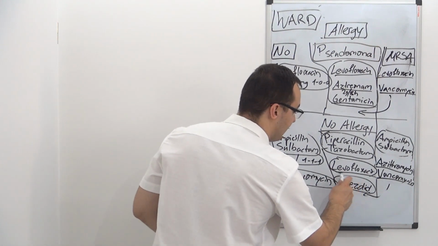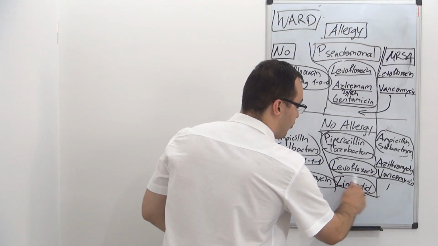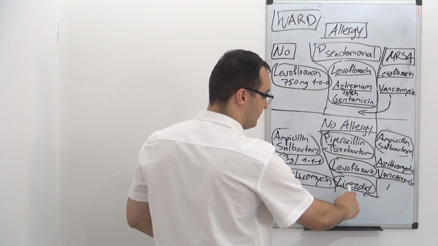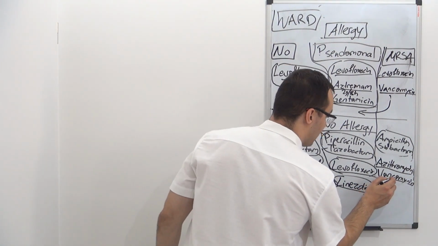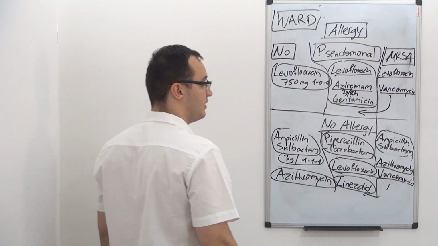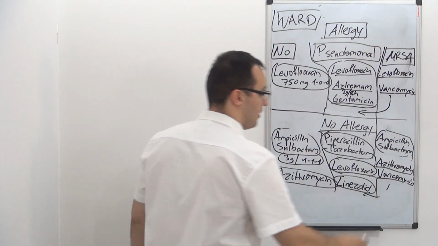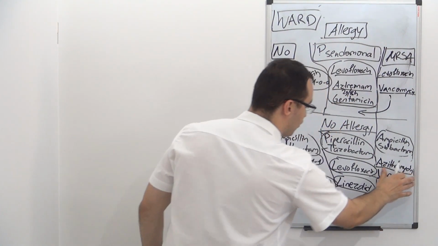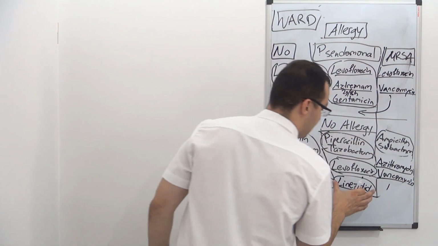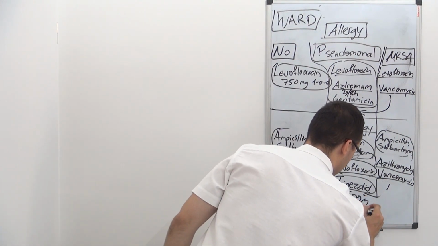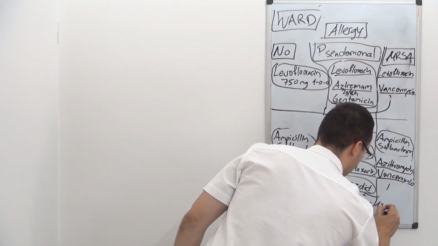Add instead the brother of the vancomycin, which is linezolid, because I'm not allowed to use vancomycin together with piperacillin tazobactam. So for pseudomonal MRSA together, I add all these, but I watch out to not give vancomycin together with piperacillin tazobactam. So I add instead linezolid, which is 600 milligram every 12 hours.